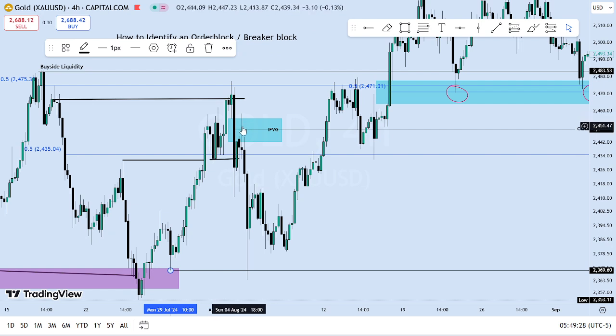For the first attempt, price coming to this CB, which is this candle here, it was rejected. This candle is a rejection block. It's showing you that here is a major resistance area.